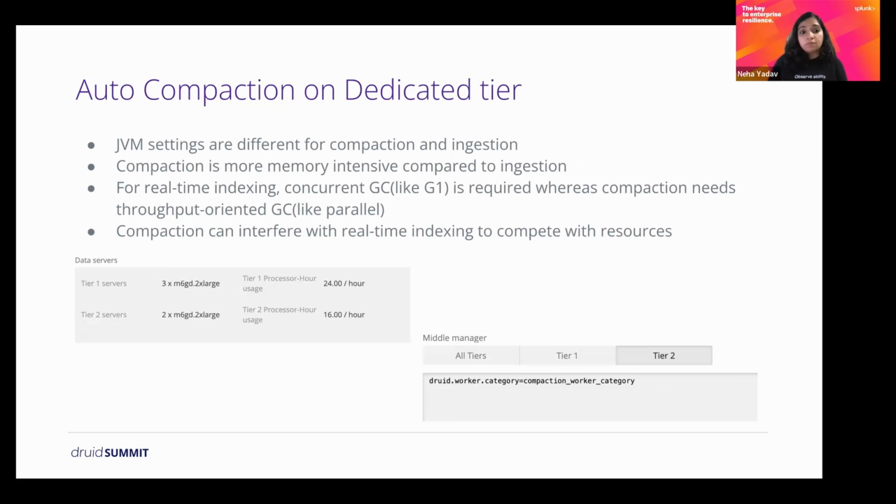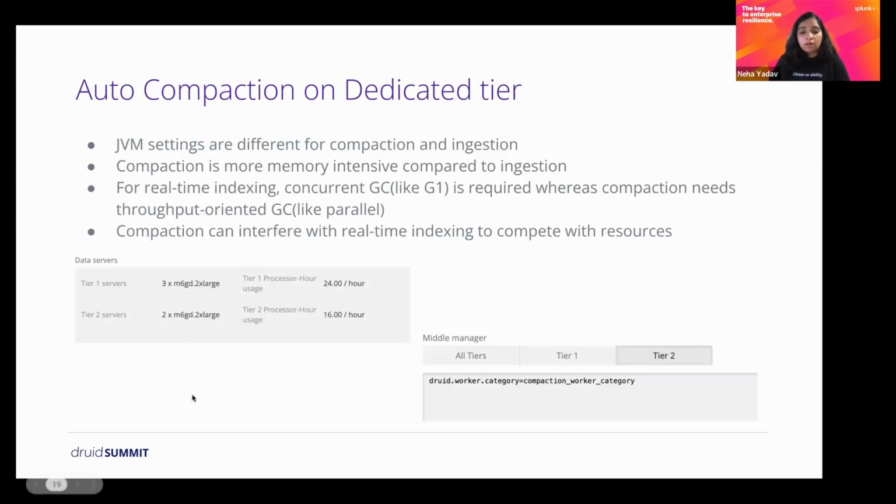We all know that JVM settings are different for compaction and ingestion. Compaction is more memory intensive compared to ingestion. Regarding GC, for example, for real-time indexing we require concurrent GC, whereas for compaction we need throughput-oriented GC, like parallel GC.